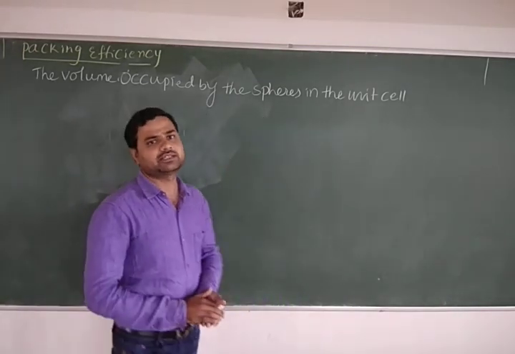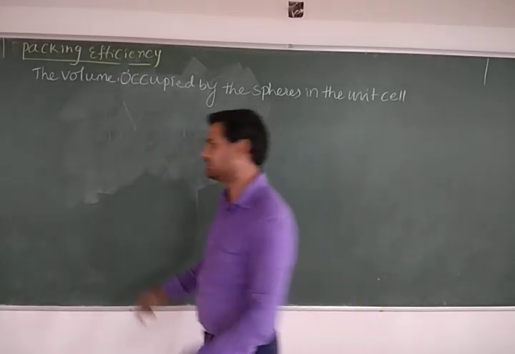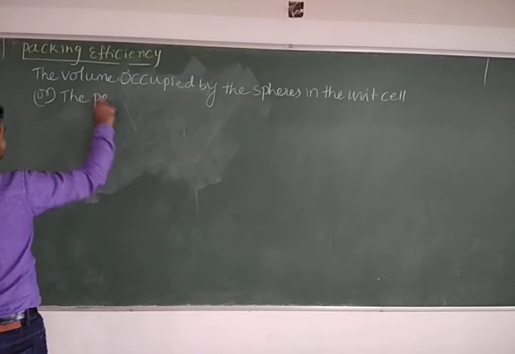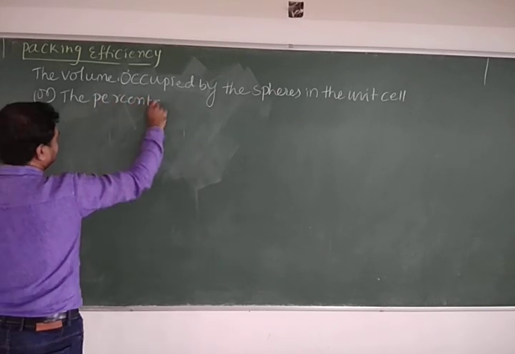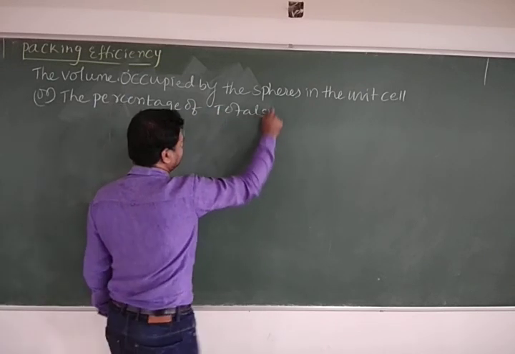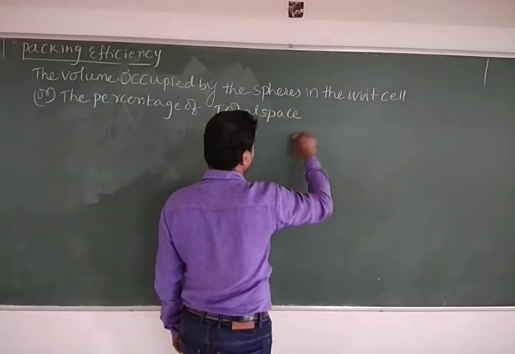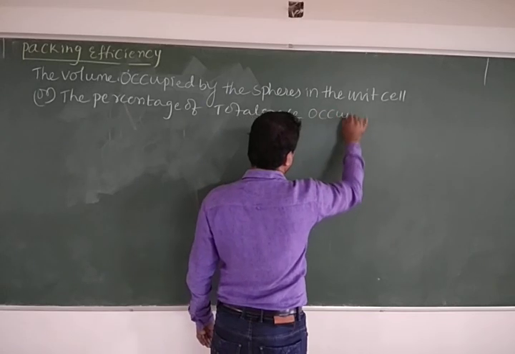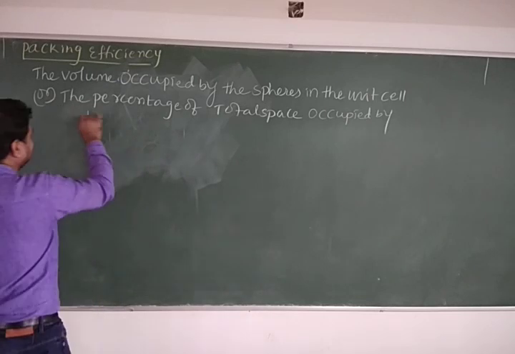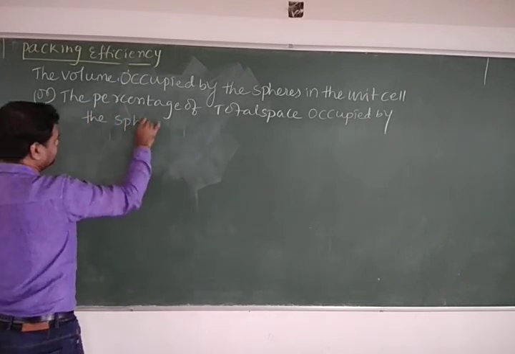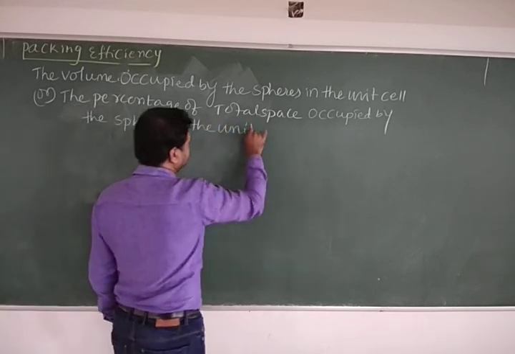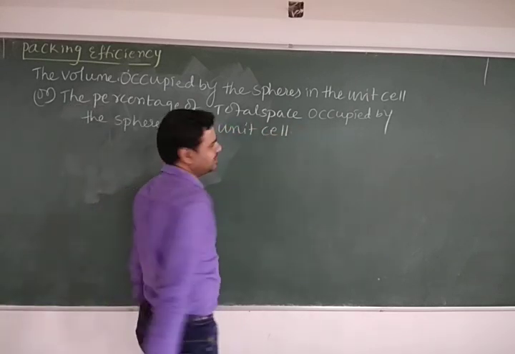Otherwise it is also called the percentage of total space. Or else we have one more definition: the percentage of the total space occupied by the spheres in the unit cell is called what?